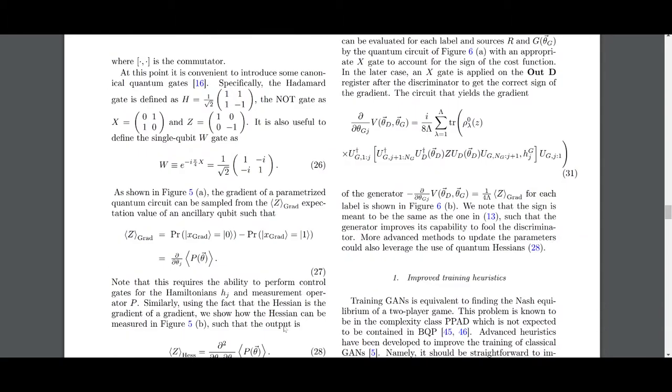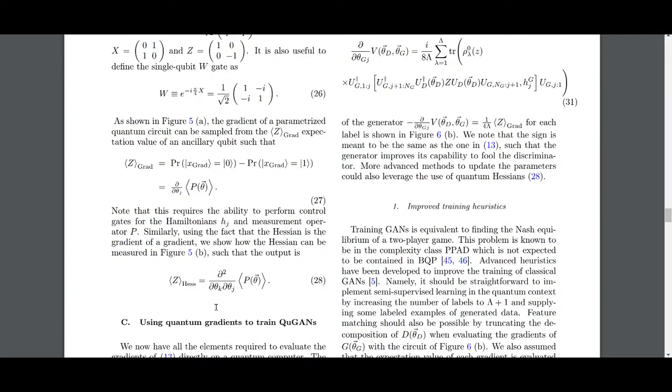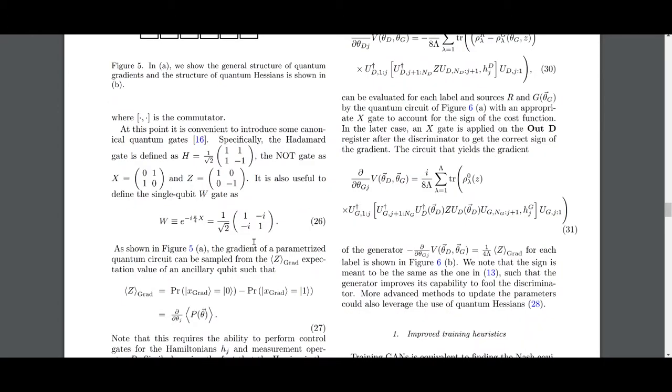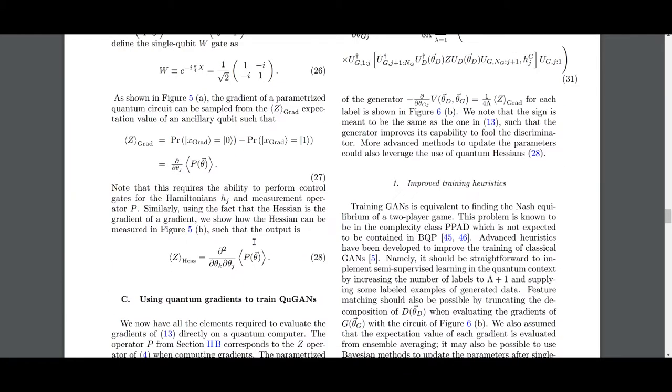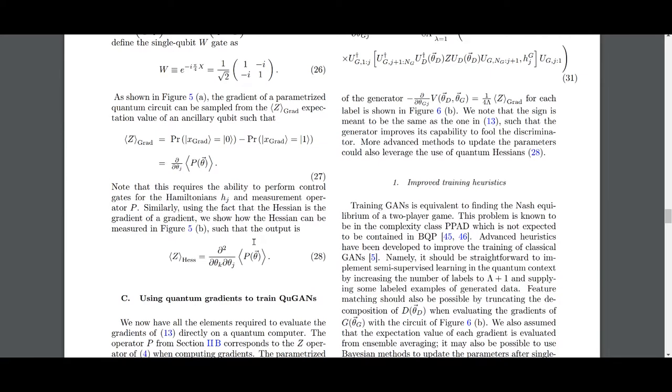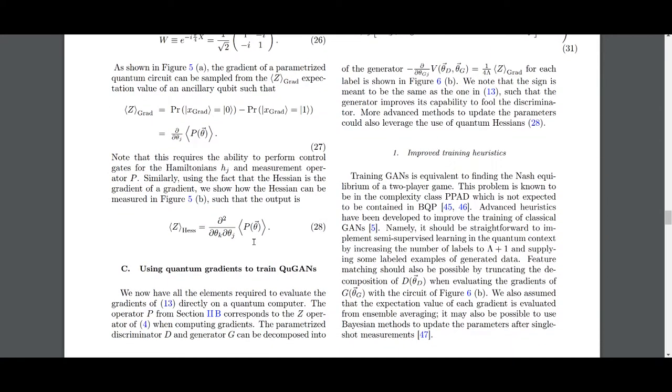Hessian is the gradient. We show that the Hessian can be measured in figure 5. The operator is the operator when computing gradients.